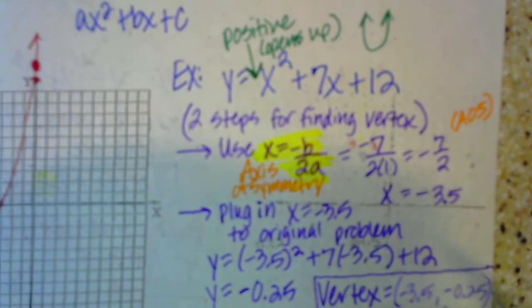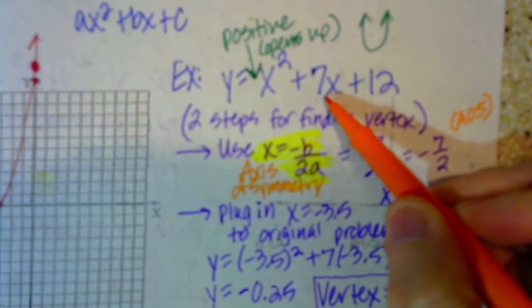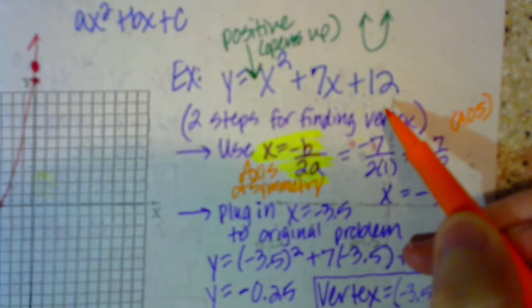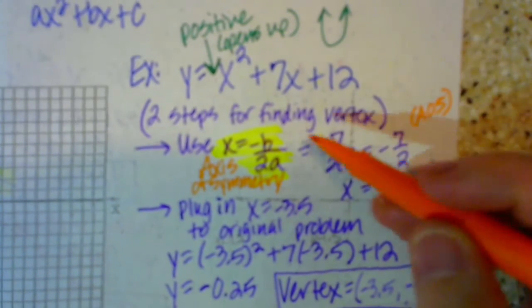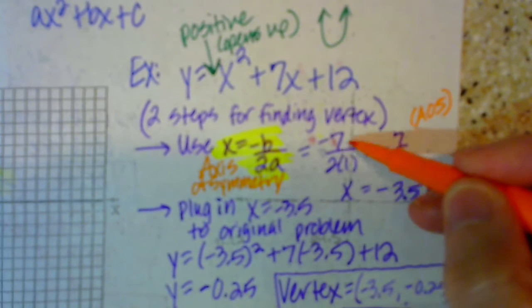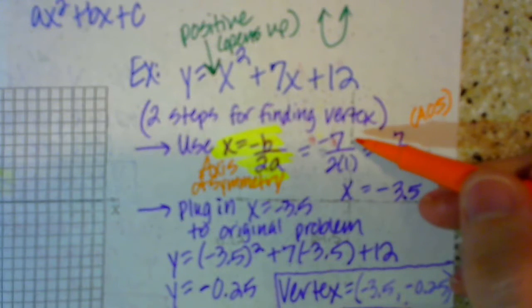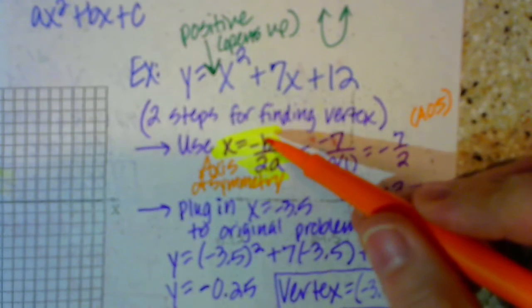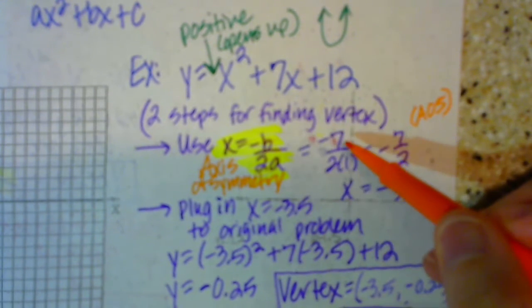Alright, so 1 is A, B is 7, and 12 is C. So when I plug in negative and then B is 7, the sign should always change on your B. So that's why B was positive, but if it's negative B in the formula, it's going to be negative.